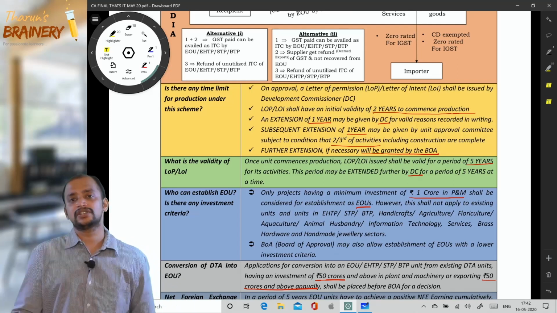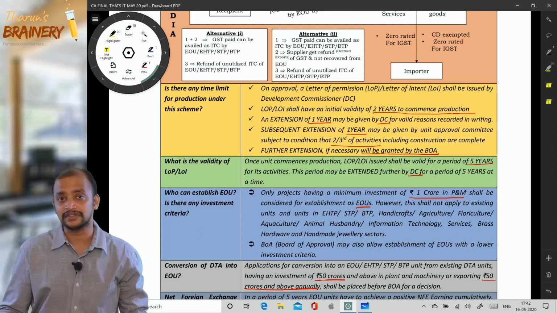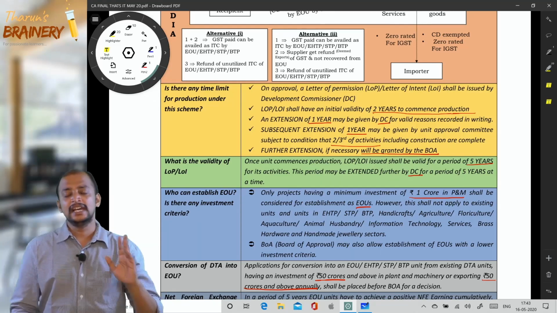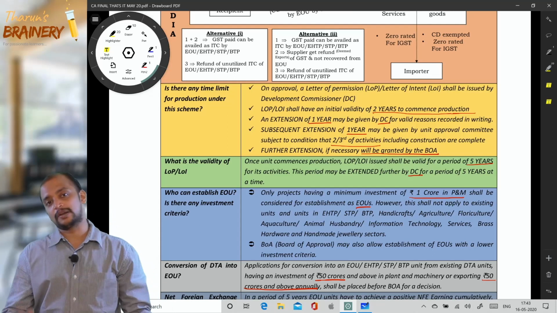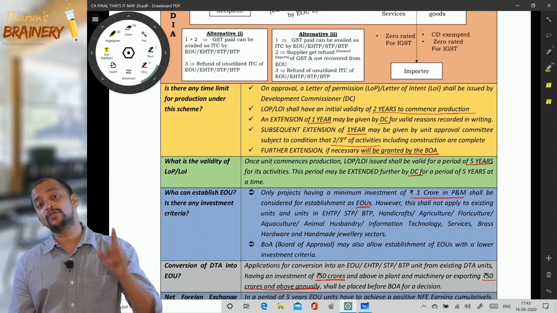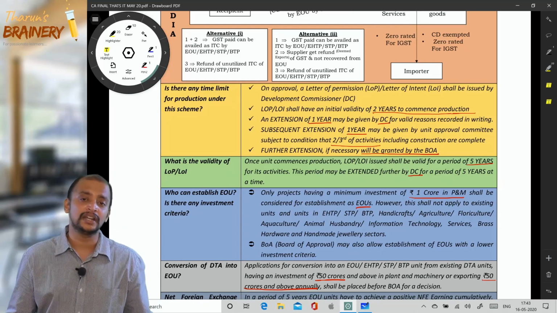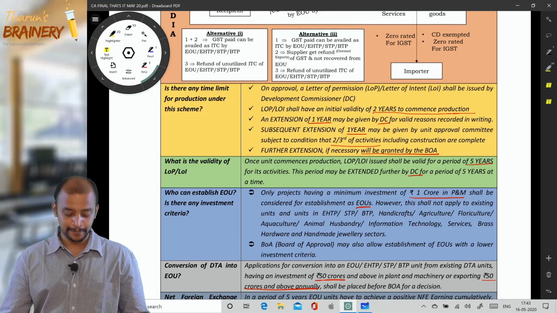Still, if they want an extension, again they need to go to the Board of Approval, and they can give the extension. So it is like LOP or LOI plus 2 years normal, thereafter plus 1 year by the Development Commissioner, thereafter plus 1 year only if 2/3 of the activities are completed. Even if they want an extension beyond that, they need to go to the Board of Approval.